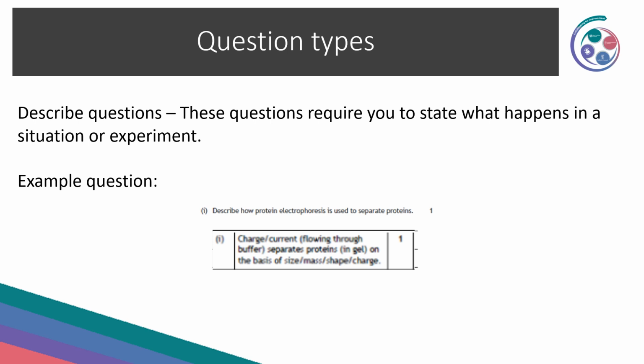So what we can see clearly from their answer is that they're focusing just on stating what is happening in this particular method. They're just stating what happens in protein electrophoresis: it separates proteins based on their size, their mass, their shape, or their charge.